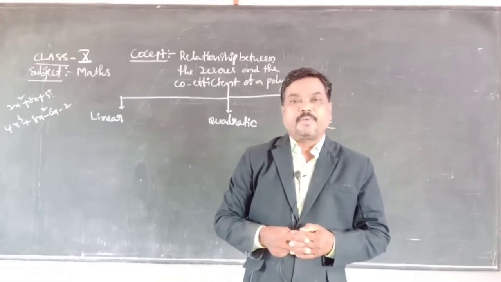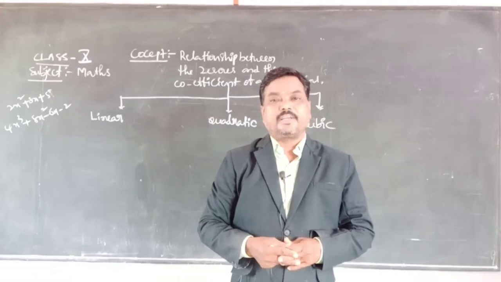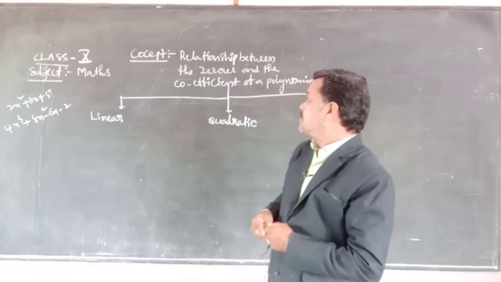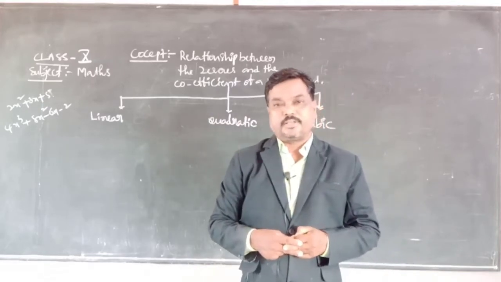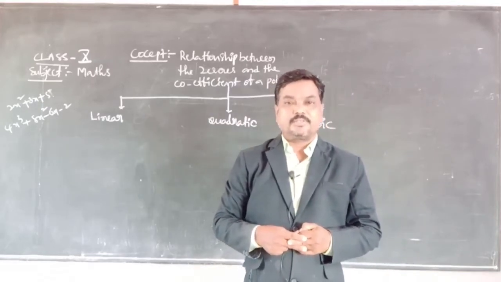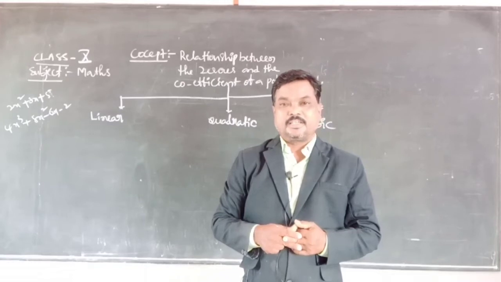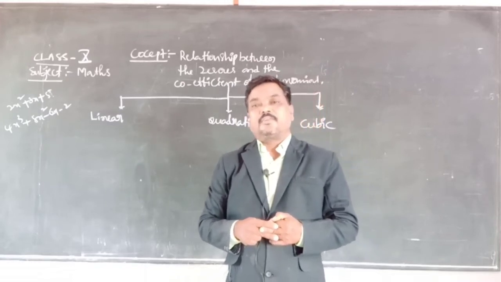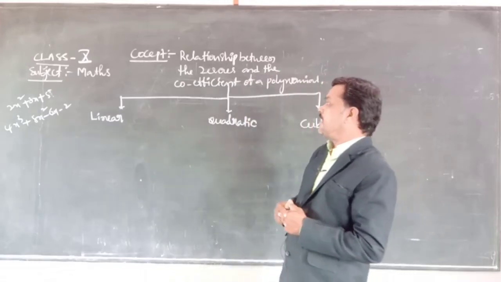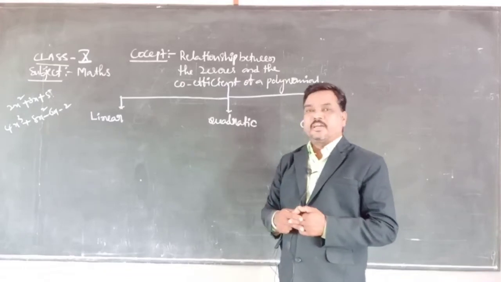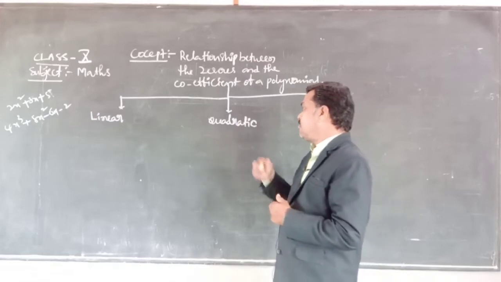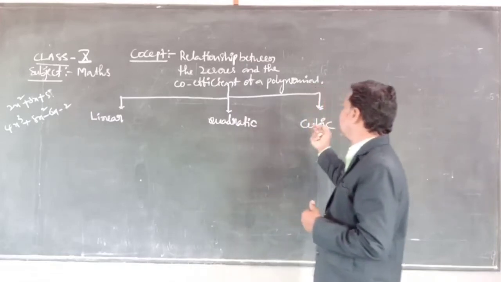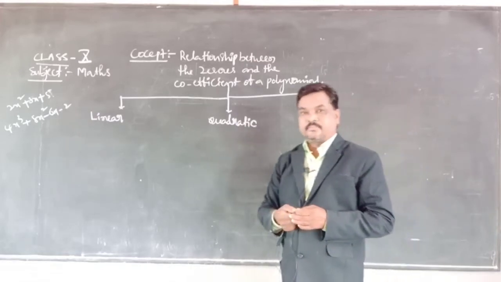Today's topic is the relationship between the zeros and the coefficients of polynomials. This is a very important concept for 1 mark questions. Before that, we have to remember there are 3 types of polynomials: linear polynomial, quadratic polynomial, cubic polynomial.